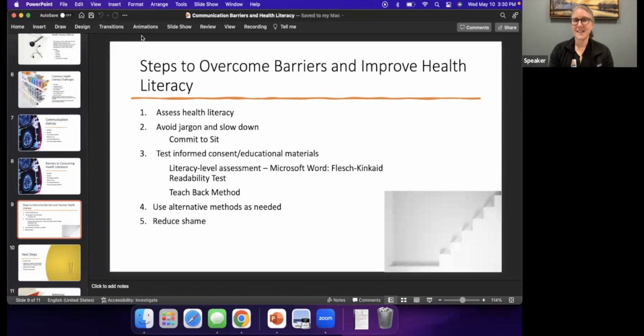So generally, anytime that we just provide patients with as much dignity as possible, then we're automatically reducing shame and making their lives better by improving their health literacy, which improves patient safety and outcomes and experience and all of those things.